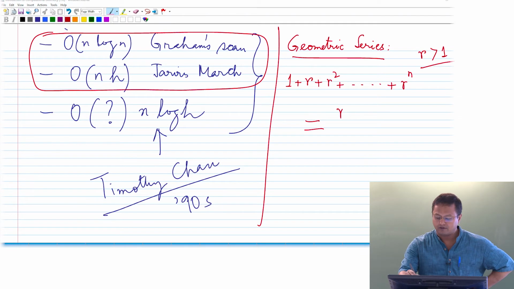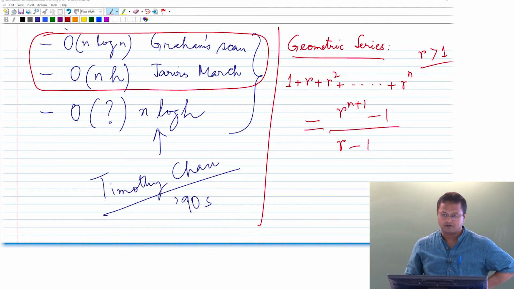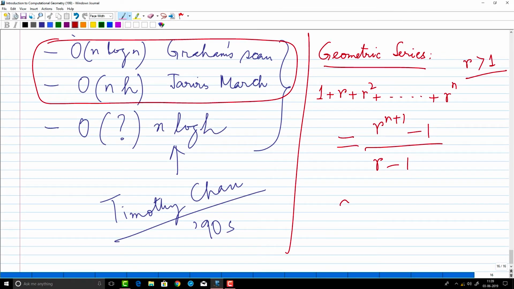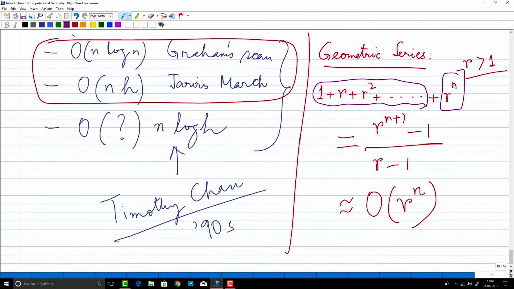R to the power of n, agreed. Now, if you are interested in the asymptotics, this is of the order of r to the power of n, right. Okay. This has an interesting story. So, this is telling you that if you are looking at the asymptotes of a geometric series, it is the last term that dominates the previous sum, right.